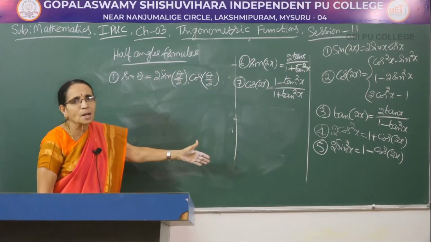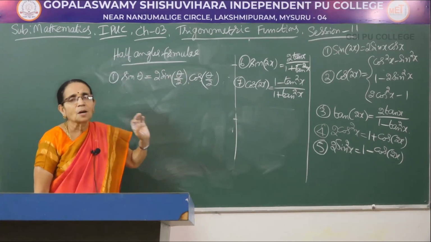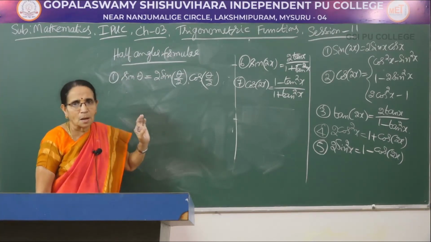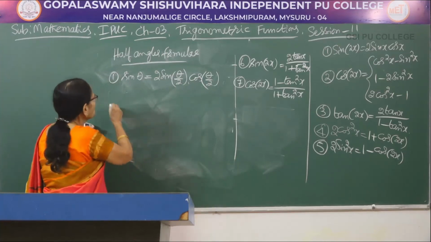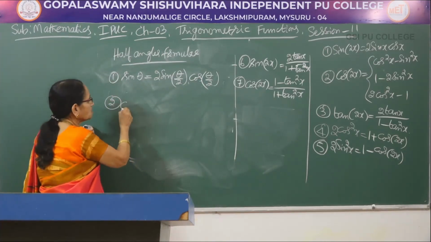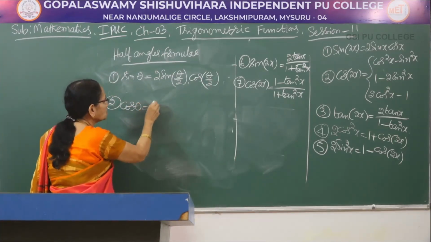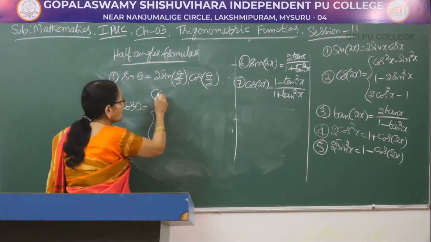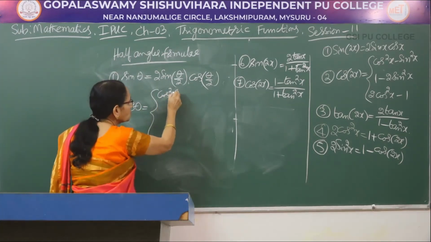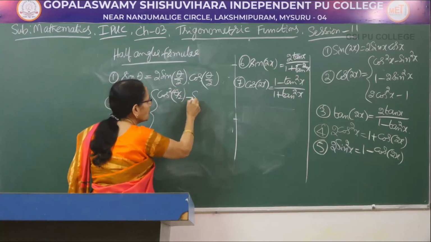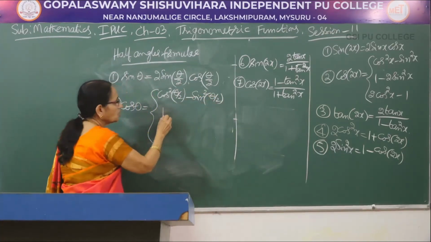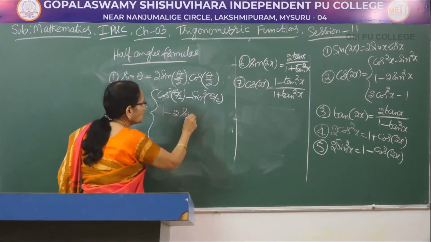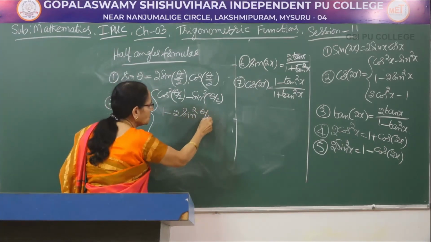So, same formula I am having, the difference is 2x will be replaced by theta, x will be replaced by theta by 2. Now, come to the second formula, it is cos of theta. So, there are 3 ways of writing, it is cos square theta by 2 minus sin square theta by 2. Next one is 1 minus 2 sin square theta by 2.